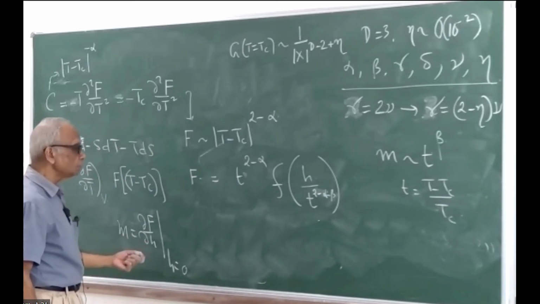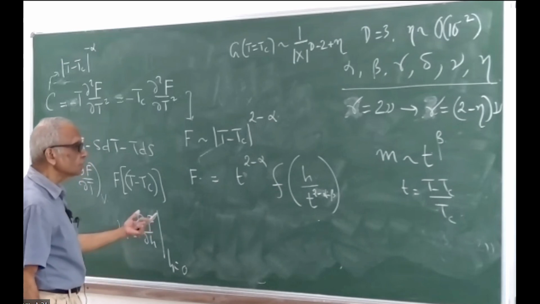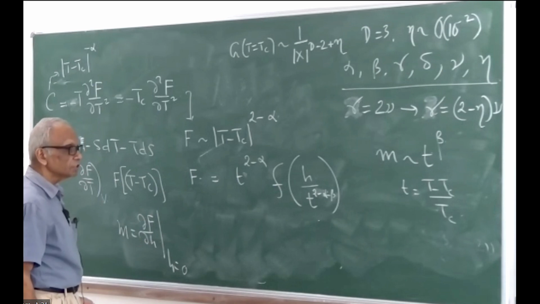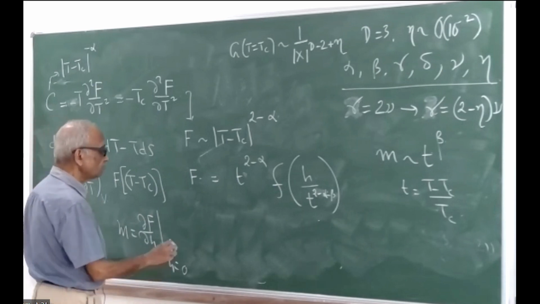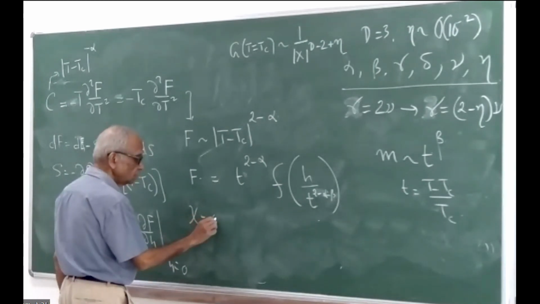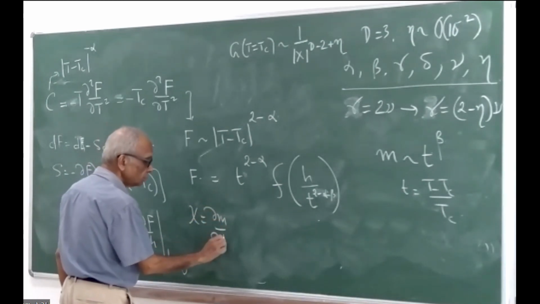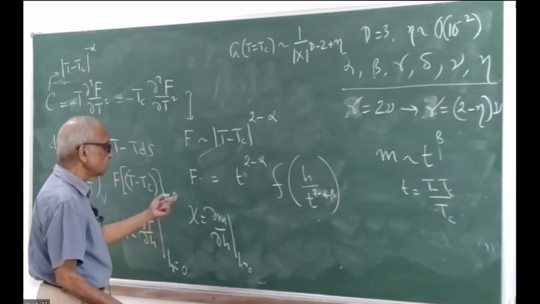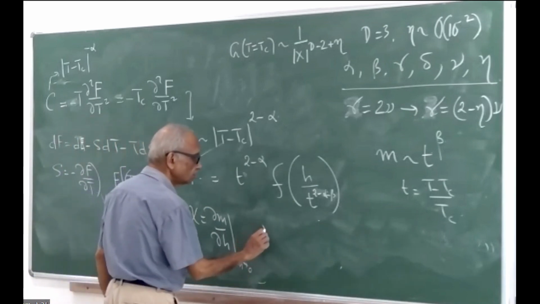But now I need to know whether, for example, I get the right answer for the susceptibility. So I have to take two derivatives. The susceptibility is del m del h as h goes to 0. I get m by this relation over here.